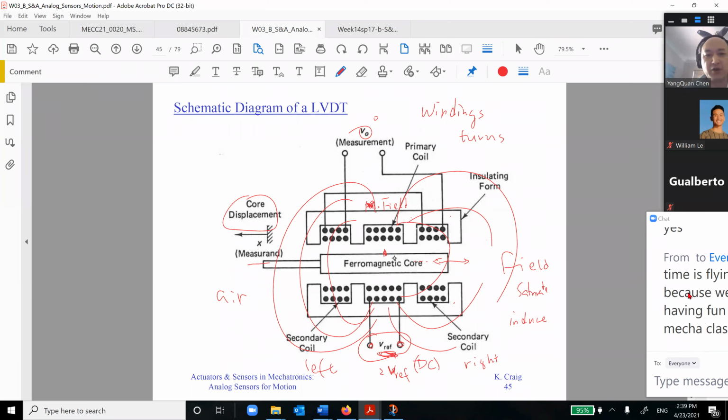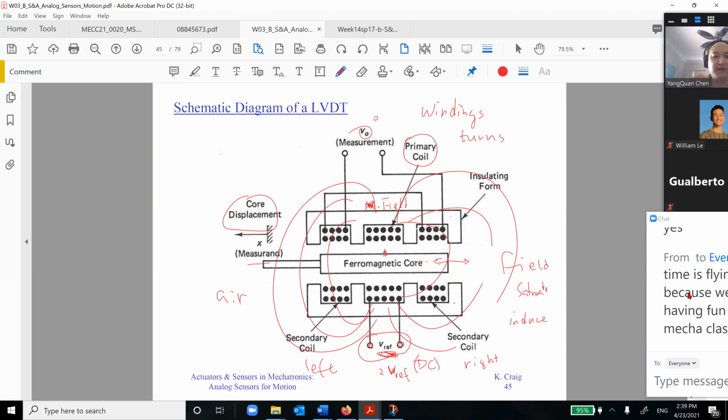Then this is called the primary coil, and then you have a secondary. You also have a secondary, primary and secondary.